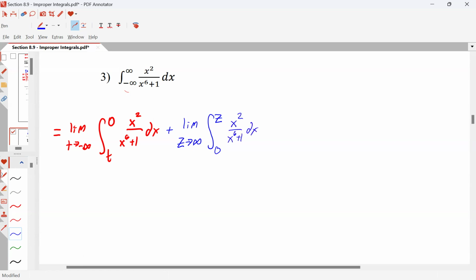Since we have the same integral both times, we just need to figure out how to find an antiderivative of x squared over x to the 6th plus 1. Technically, we could try partial fraction decomposition, but this is actually a u sub problem if we identify the fact that x to the 6th is x cubed squared.